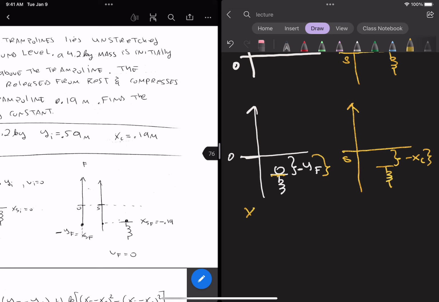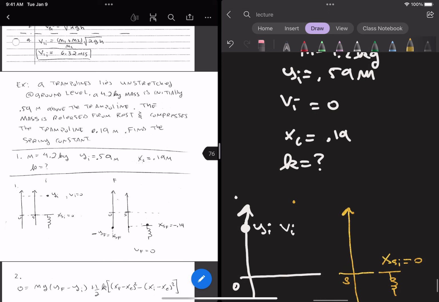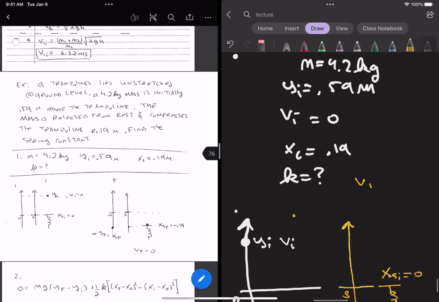Looking at the absolute values, the spring compression is the same as the final height of the mass. And once the spring is completely compressed, it's going to come to rest, so the final velocity is also going to equal 0.